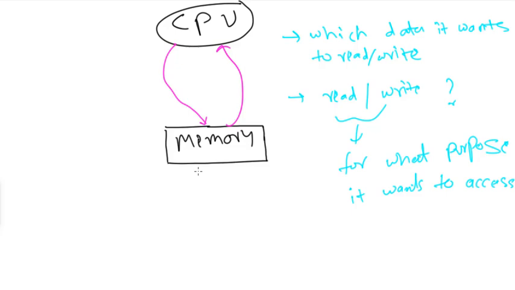You have to tell the precise location, like it is on 4th shelf from the top and 5th book from left. Otherwise, your servant won't be able to retrieve that book. Similarly, CPU tells the precise location. When I say which data it wants to read, I mean what is the location or address.